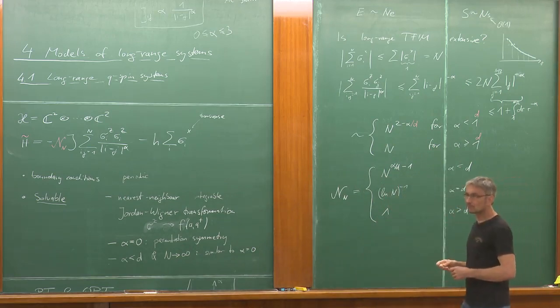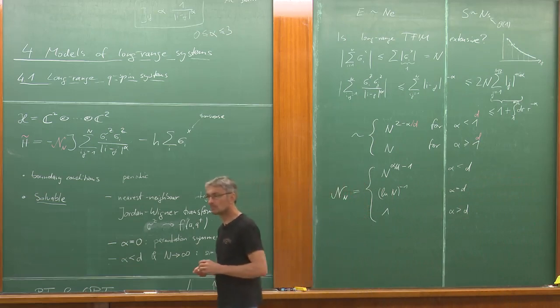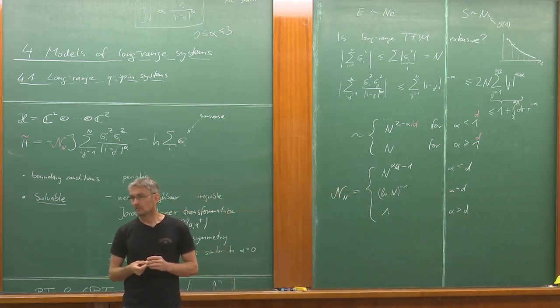So just coming back to his question, for classical long-range systems, you invoke extensivity because ultimately you want to have phase transitions and you want two terms in the free energy. But I'm getting to that, yeah.